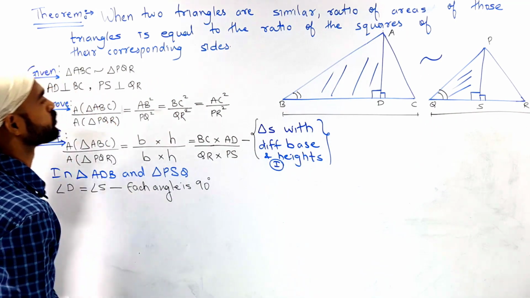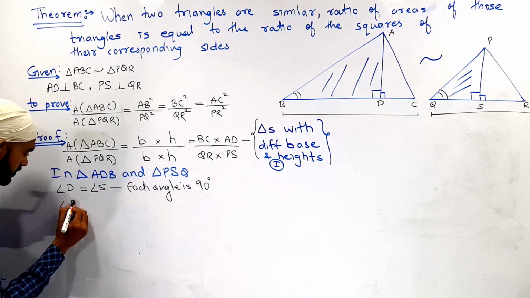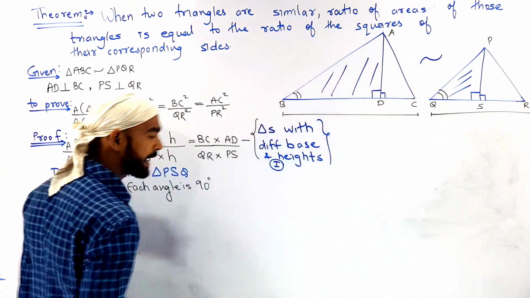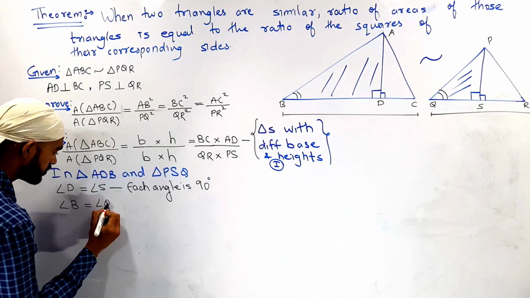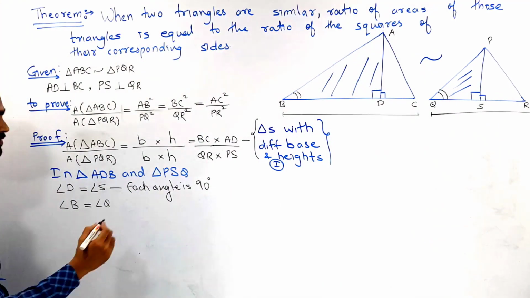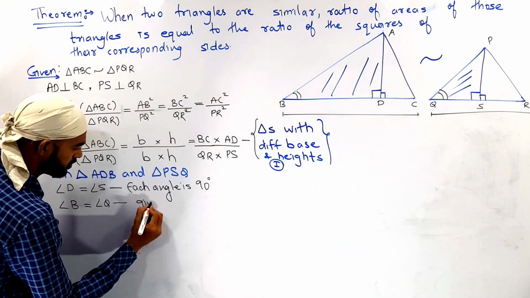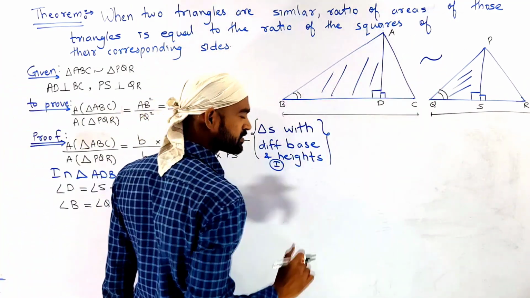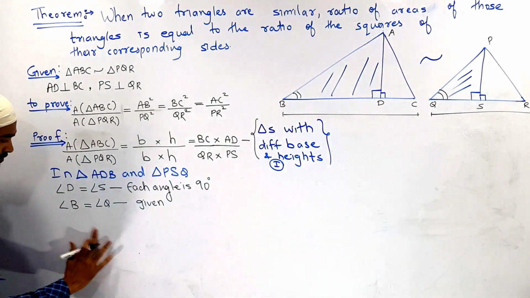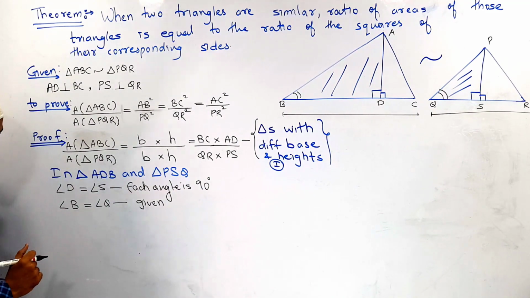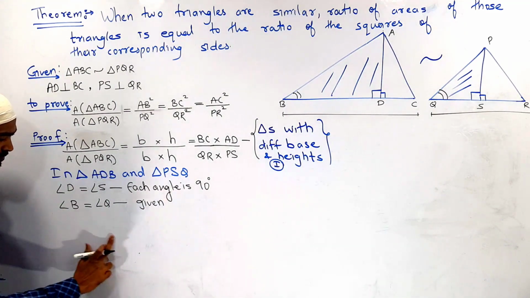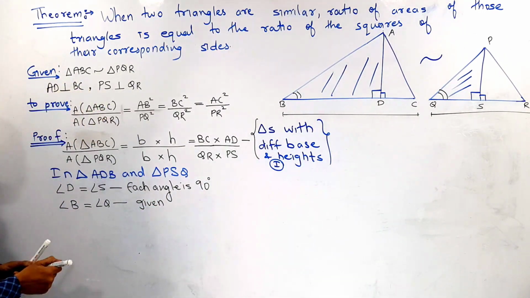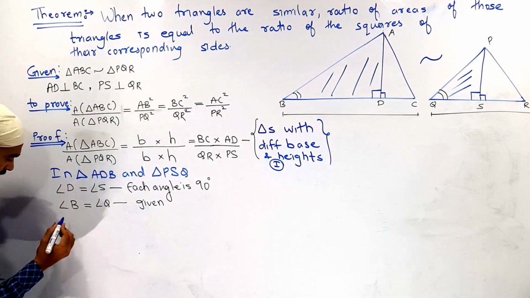So I can say angle B is equal to angle Q. This is also given, since the triangles are similar. Now we need to write the triangle names.